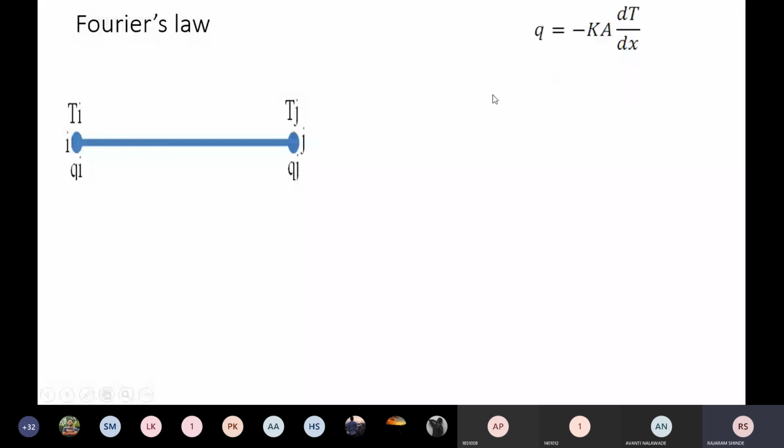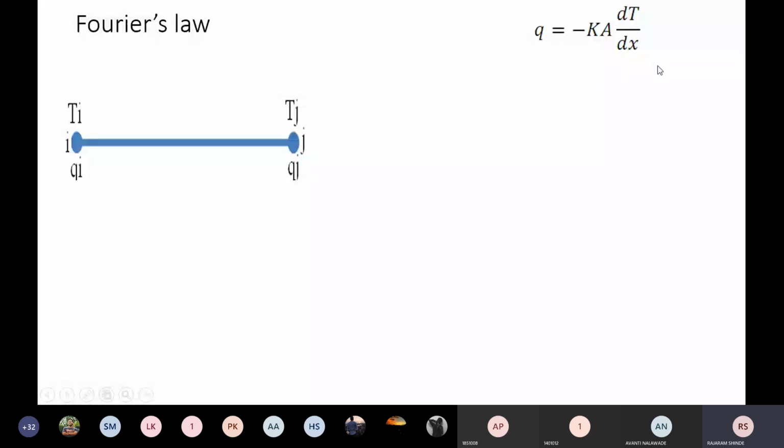Now Fourier's law you have written here: Q is equal to minus K A dT by dx. Now when we want to write this using differences, if your temperature is linearly varying, we can write this dT by dx as the difference between the temperatures divided by length.